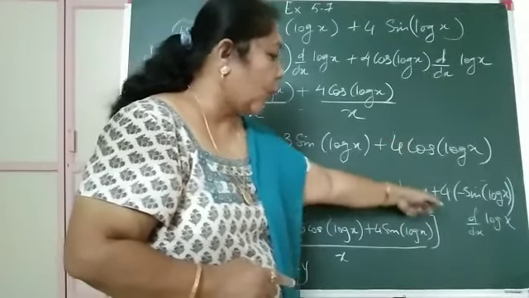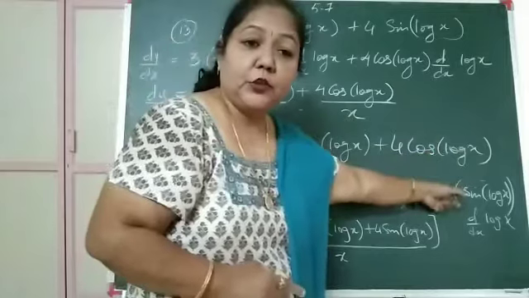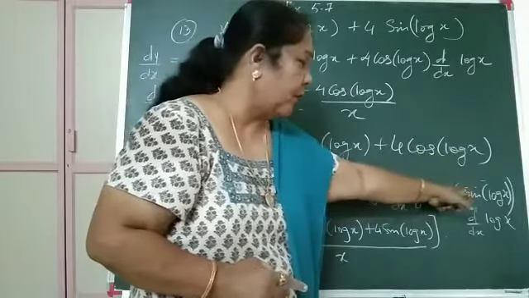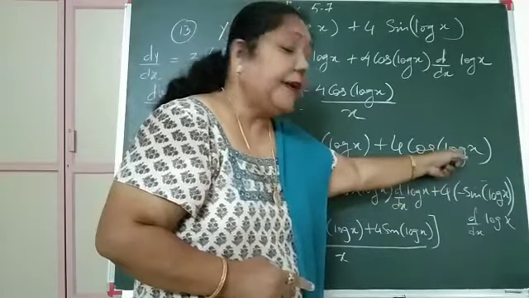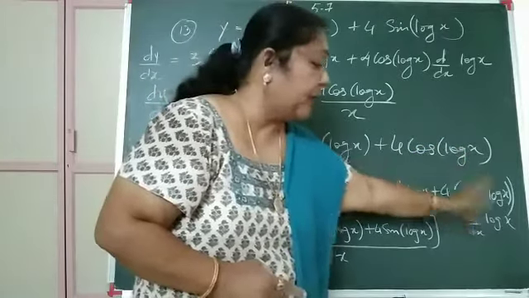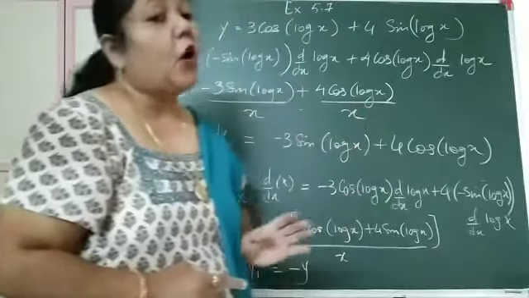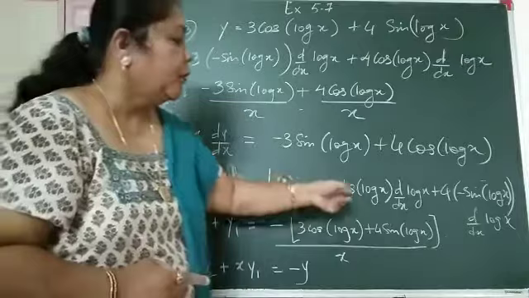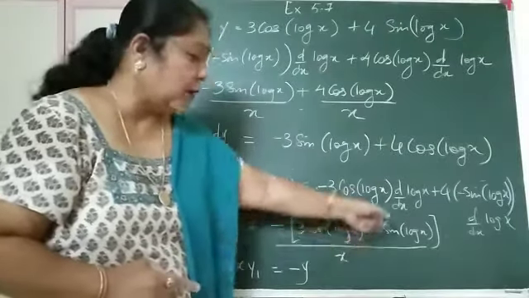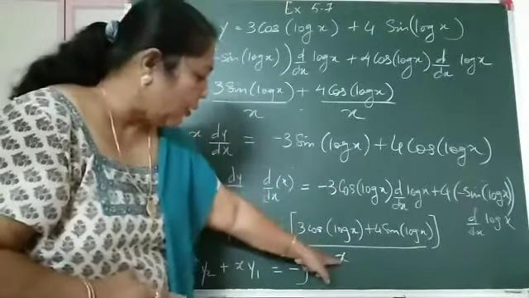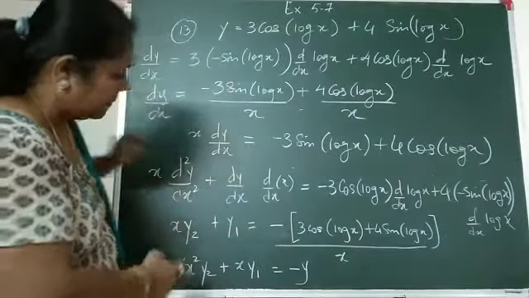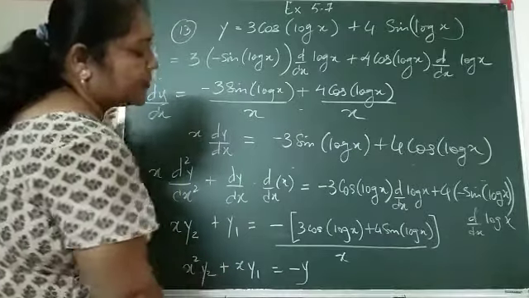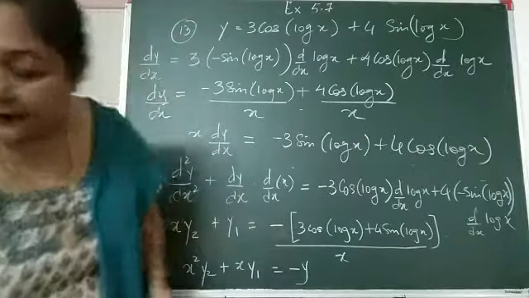Same way 4 is a constant, cos's differentiation is minus sine, so cos of log x became minus sine of log x, and because the bracket was log x, I had to differentiate the bracket again one more time. Log x's differentiation will be 1 upon x, so like the previous term, in both 1 upon x is a common LCM term. This common x can be cross multiplied back with both these terms here, so I got x squared y2 plus x y1 is equal to minus 1.